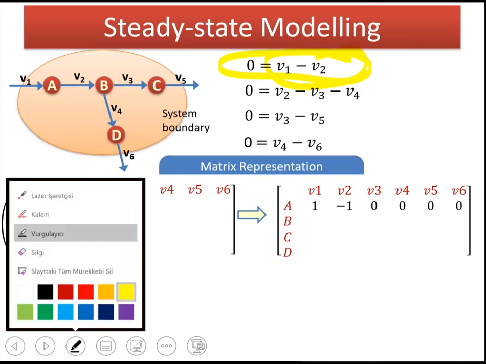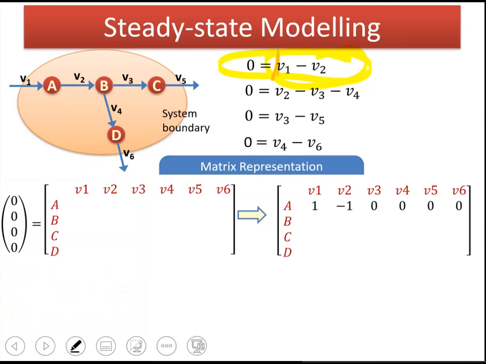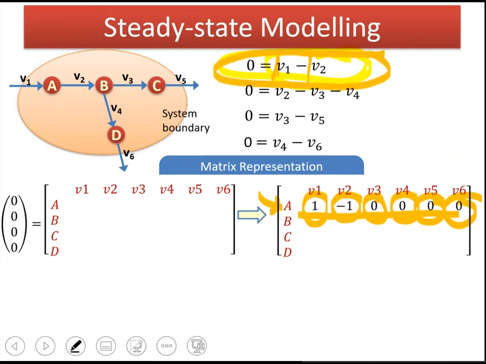There is 1 here, 1v1, and we have minus 1v2. So we write this information in the first row here. We have 1v1, we have minus 1v2. And in this first equation around metabolite A, we have 0v3, we have 0v4, we have 0v5, we have 0v6. So now we have represented the first equation around metabolite A in matrix format.